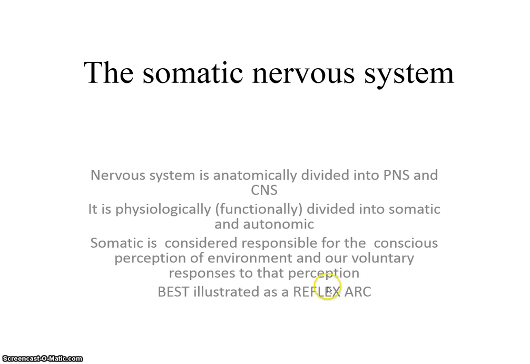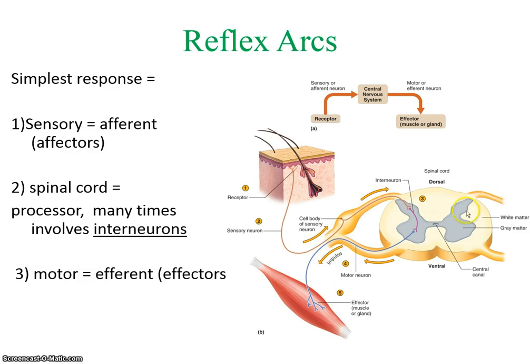So this reflex arc is so called because, as you can picture, and we'll look here in a second, you picture incoming through the dorsal part of the spinal cord and outgoing through the ventral, so it forms an arc. All right, so here we are looking at this idea, and this could be anywhere in the body, but again, because we want to think generally. And this also takes us back to the very beginning of this course, in chapter 1, where we said, look, homeostasis is maintained by having sensors, receptors that are stimulated by change, right?